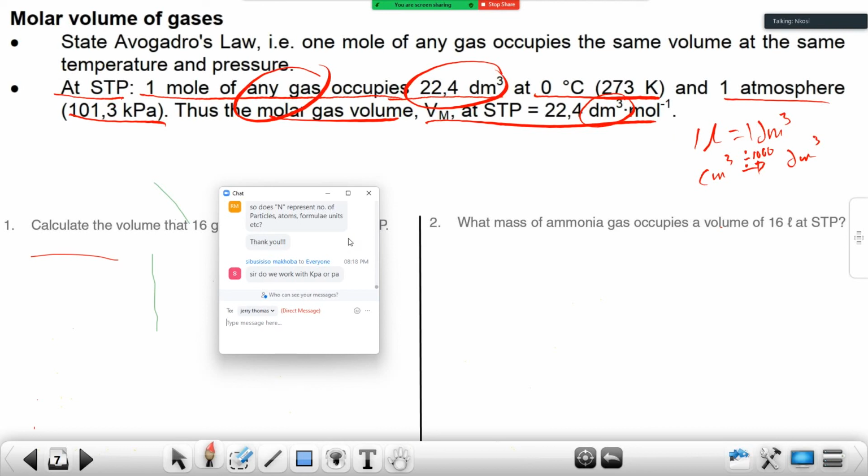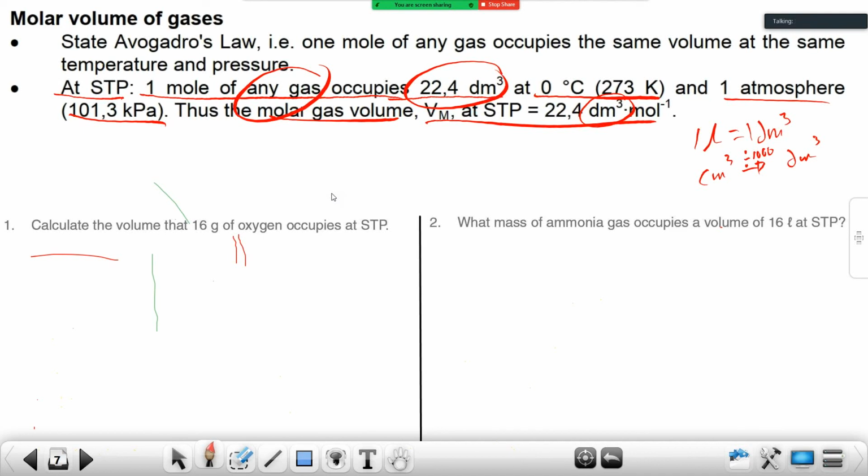So do we work with kPa or Pa? Good, nice question, Sibusiso. In this case, because we are only going to focus on the amount of substance produced, there is no way we are going to work with pressure and temperature, because the new ATP of 2022 says that everything related to pressure we are not going to focus on.